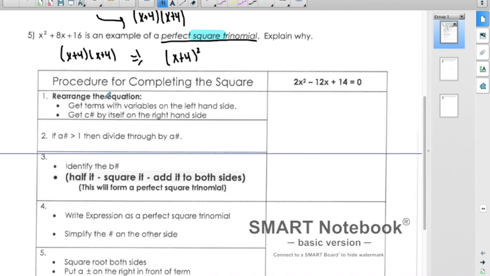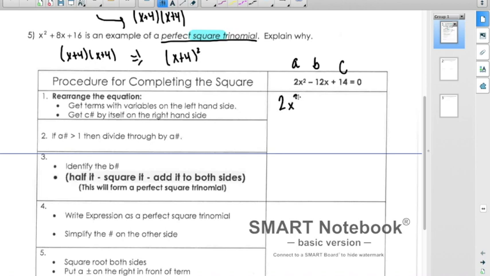So remember how a quadratic looks. This is my a, so a is 2, my b is negative 12, and my c is 14. So the first step is to get variables on the left side and then get c by itself on the right side. All right, so let's do that.